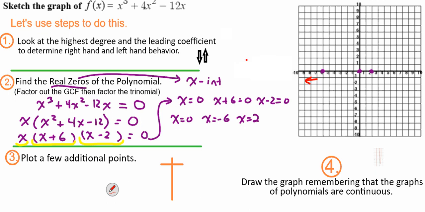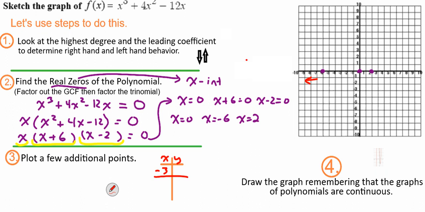We don't need to plug anything in to the left of -6. But we're really wondering, hey, what happens between -6 and 0, right? So we pick a point in between there. Can we pick halfway and pick -3? Sure we can. We could pick any of those points and it would help us. But let's go ahead and pick -3.